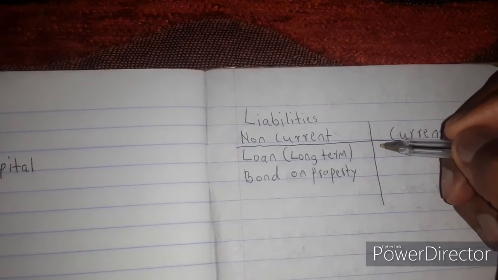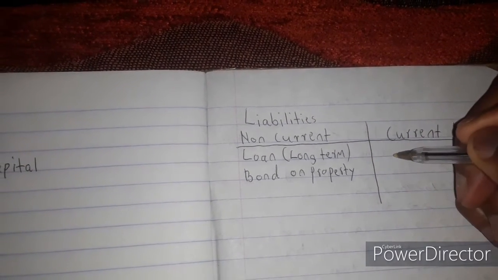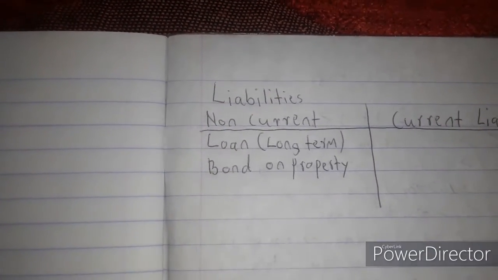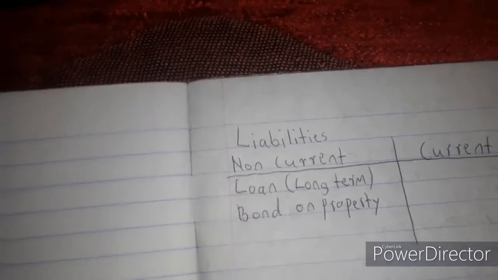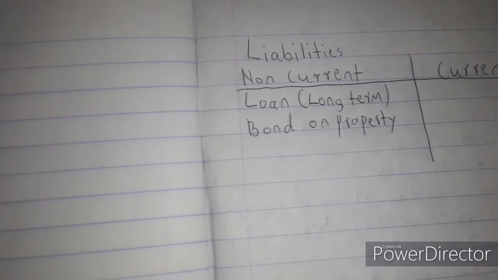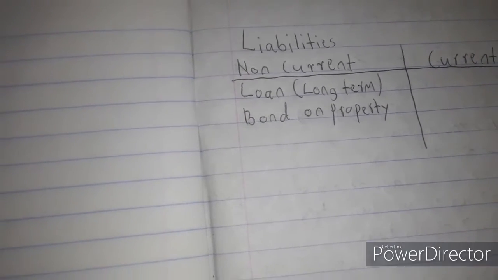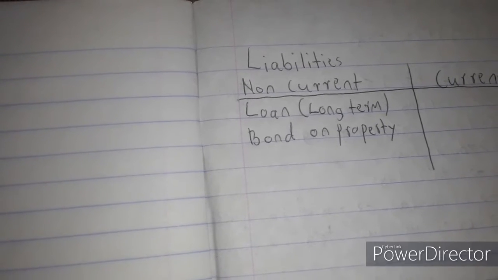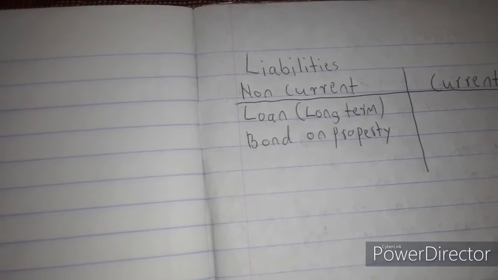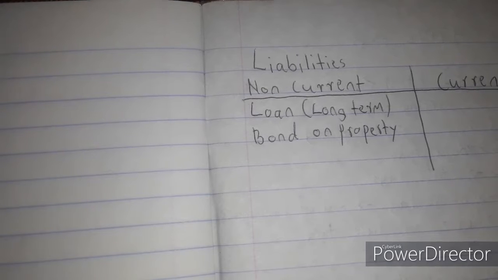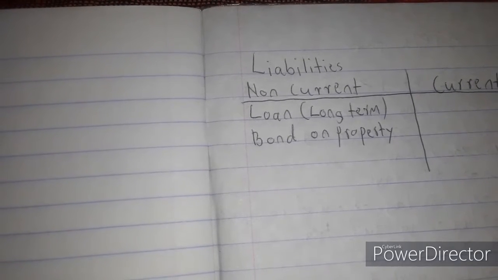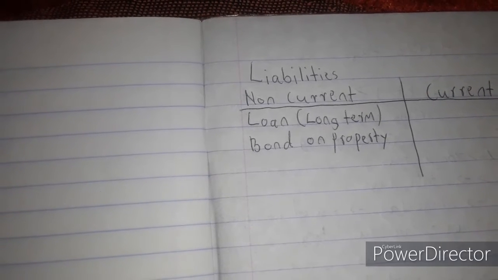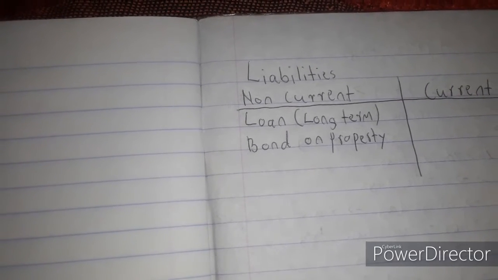So let me explain further about the bond on property. When a business wants to buy property, the business will usually borrow the money from the bank. The bank will lend the business the money with the property as its security that the loan will be repaid.